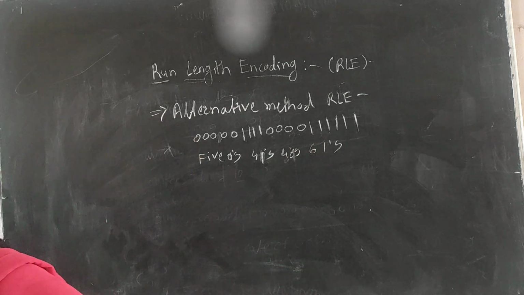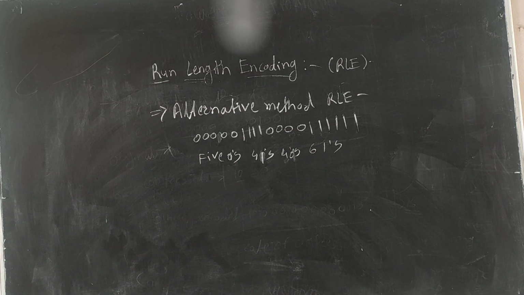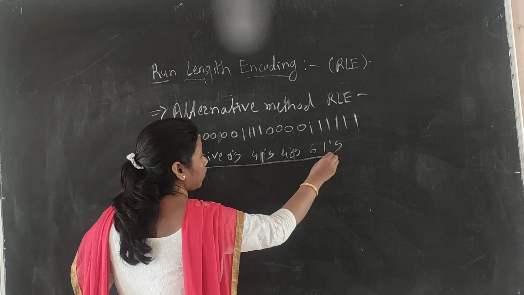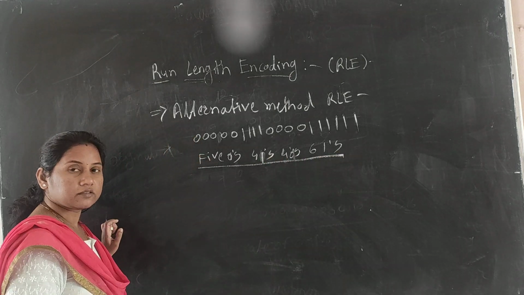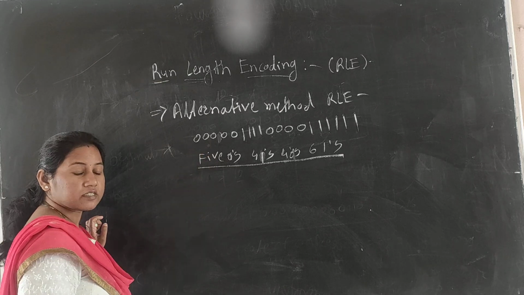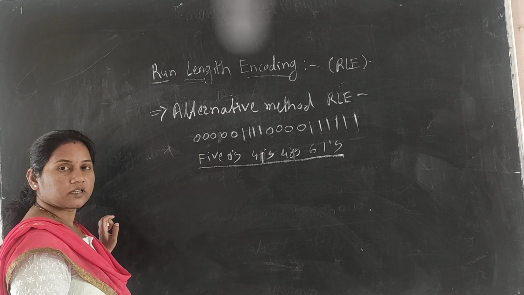Now, to encode this into binary format, we cannot use this representation directly, because whatever the given sequence, it should be in the original binary form.